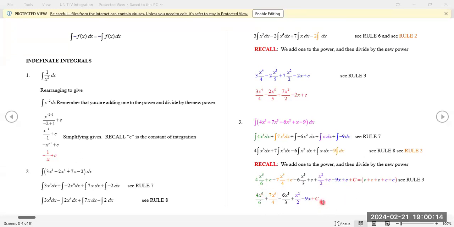But a constant is a constant. 1 plus 2 is 3. 3 is a constant. 3 plus 1 is 4. 4 is a constant. 4 plus 6 is 10. 10 is a constant. I'm going to end here, but just remember that when you are integrating, you add 1 to the power and you divide by the new power. All right?